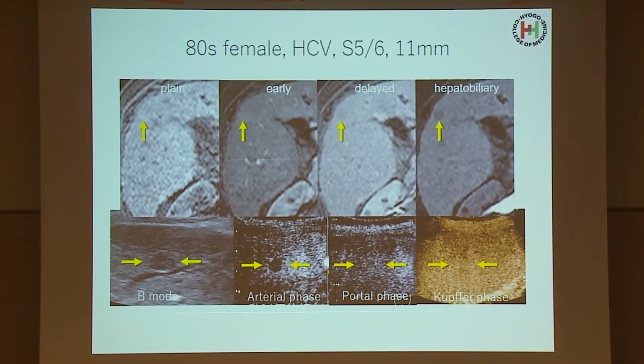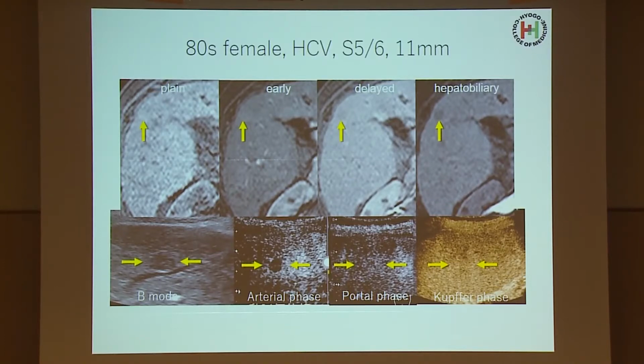This nodule was 11 mm, located in segment 5/6. In dynamic study of EOB MRI, this nodule was isovascular on the arterial phase, and had low intensity on the hepatobiliary phase.